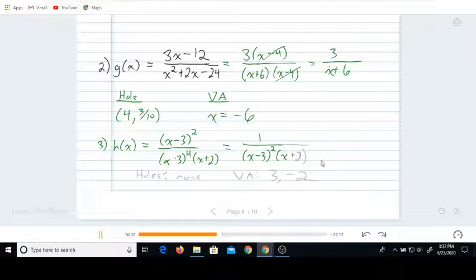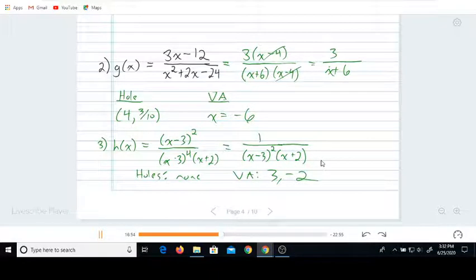So just reviewing some exponents there. Now, notice 3 still causes division by 0 even in the reduced expression. So when it comes to determining holes, there are no holes in this expression. But we do have vertical asymptotes at 3 and -2.